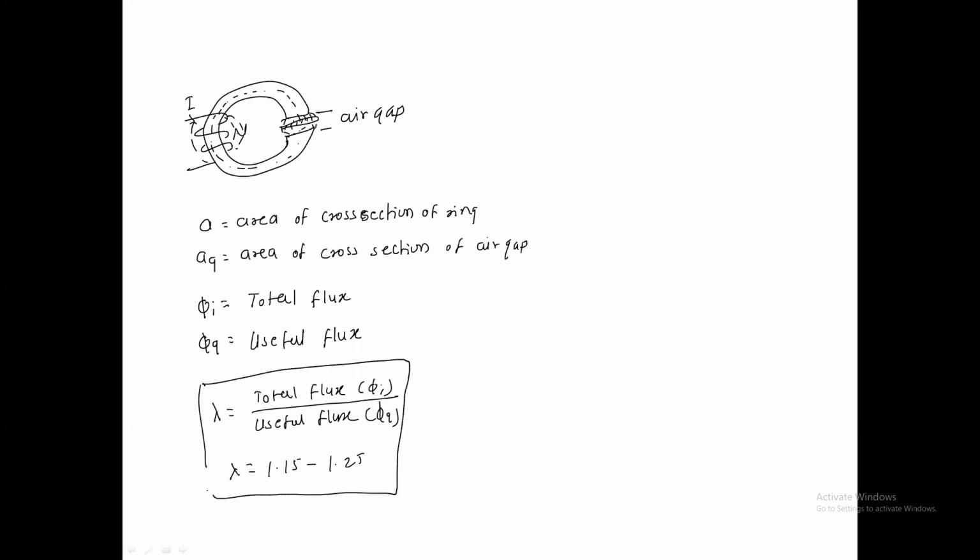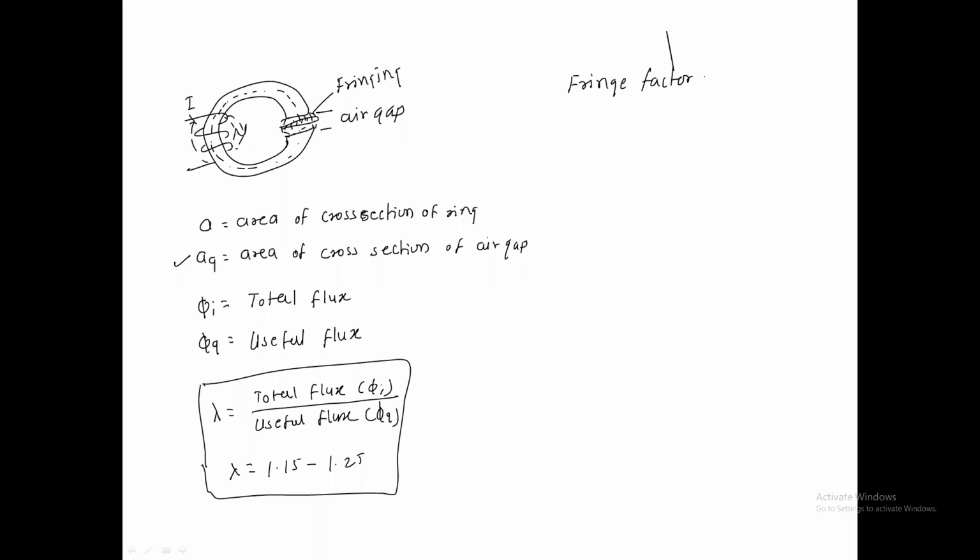Now the second formula. As we know, due to the fringing effect, the area of cross section of the air gap is always greater than the area of cross section of the ring. This increase in area can be expressed with one factor, which we call the fringe factor.